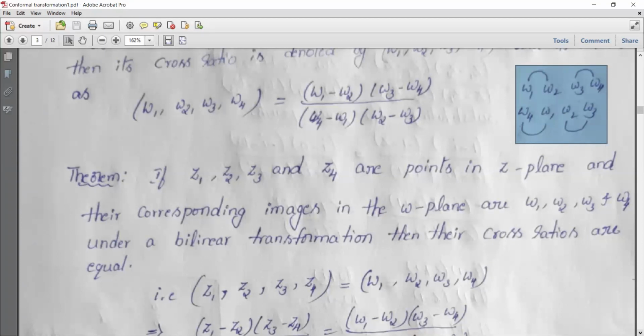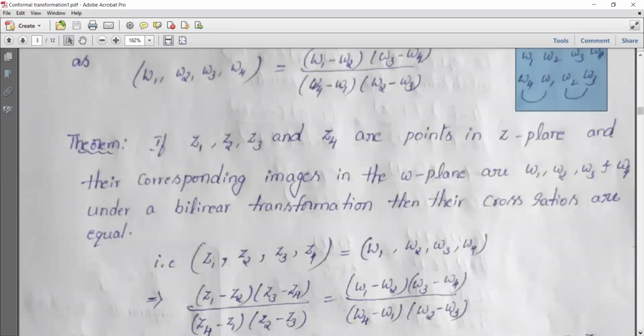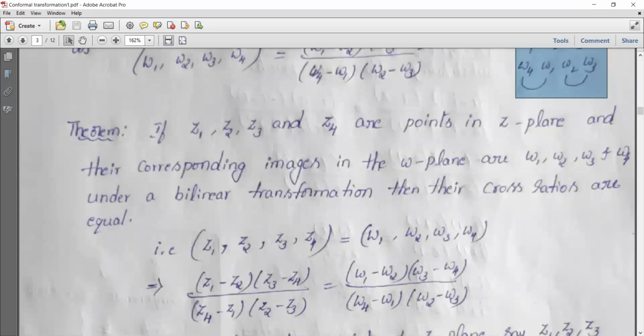This theorem says when four points in the Z plane transform to four points in the W plane under a bilinear transformation, their cross ratios are equal.